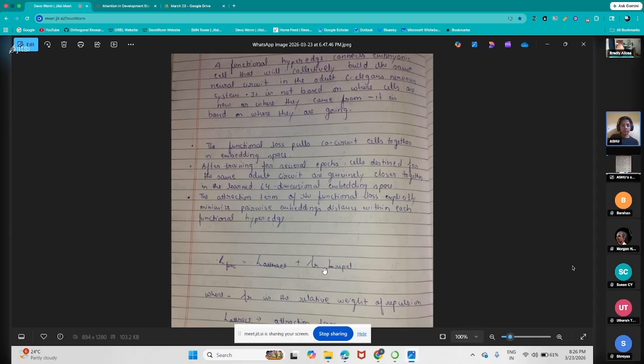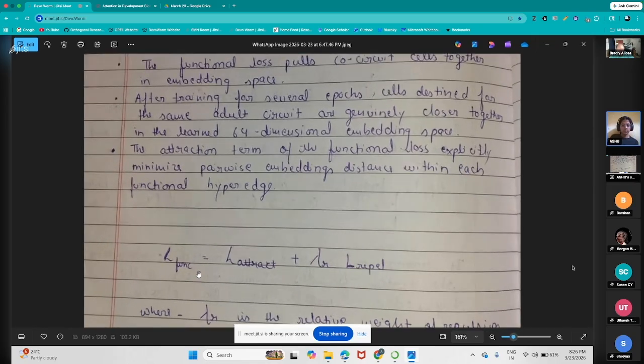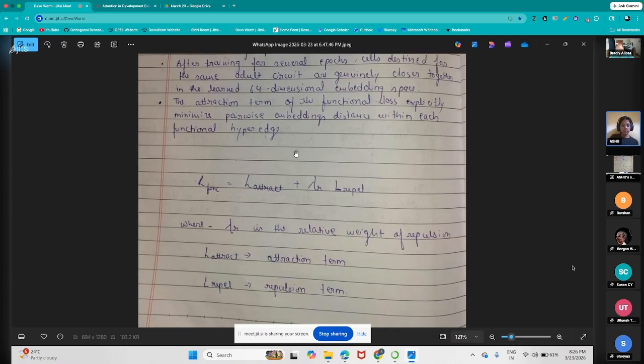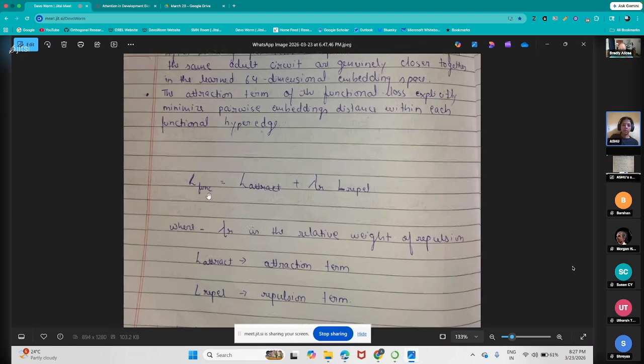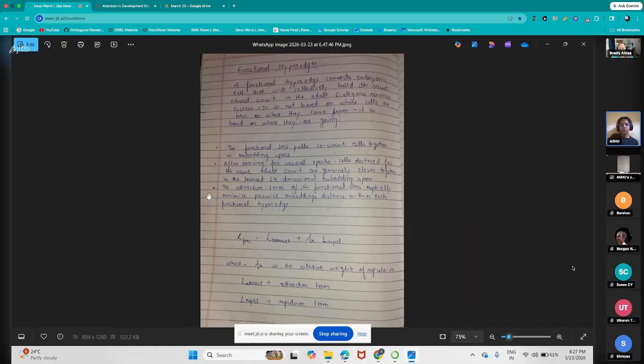So we find the functional loss by this formula, where L attraction means the attraction term and the other means the repulsion term. We find the repulsion term and the attraction term, and by that we get the loss function.